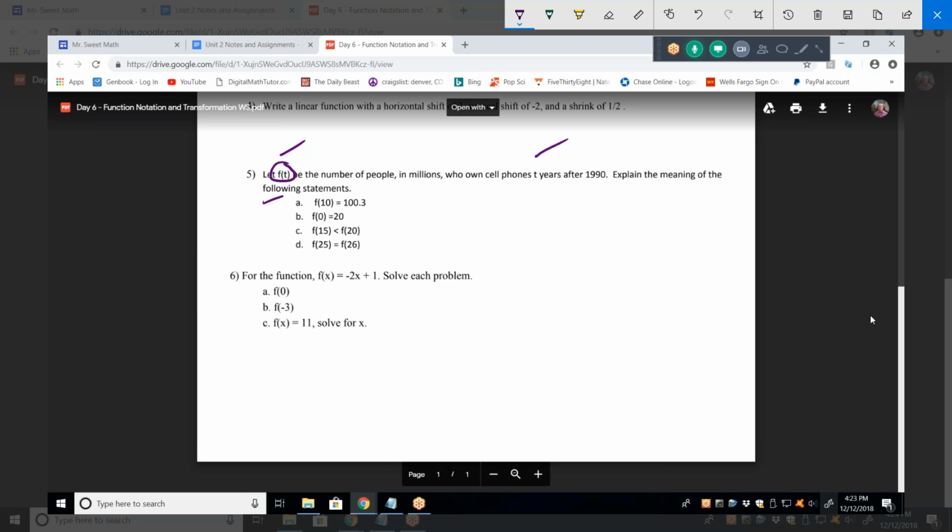So f of 10 would be what? What does f of 10 mean? It means the year 2000, right? 10 years after 1990. So in the year 2000, how many people own cell phones? 100.3 million.